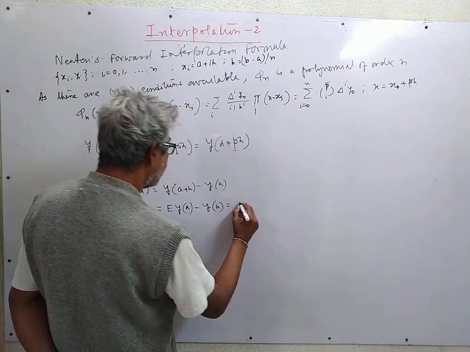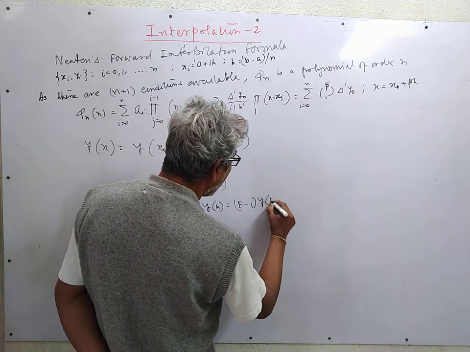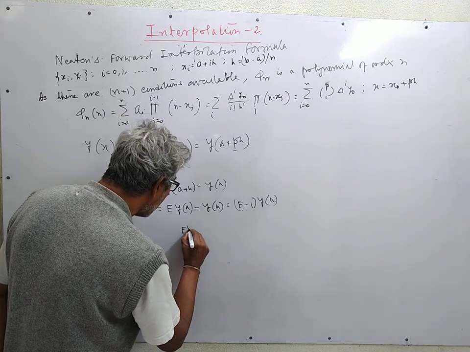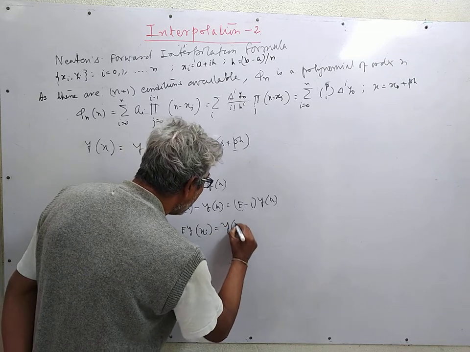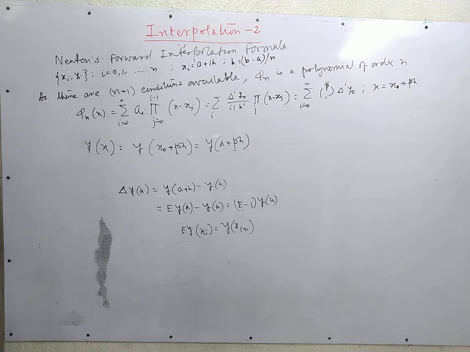So we can write it as E of y at a. This is the increment operator. The action of the increment operator on y of xi is simply y of xi plus 1. Just the x value is increased by 1.